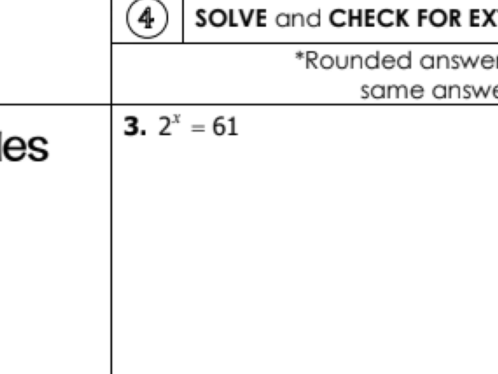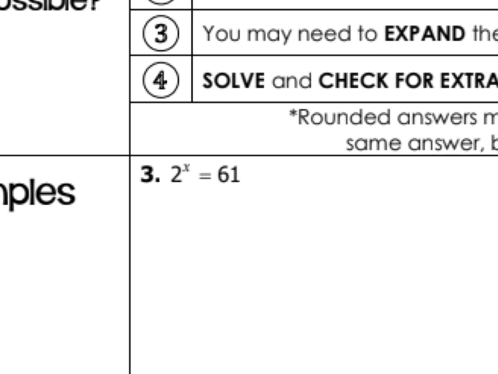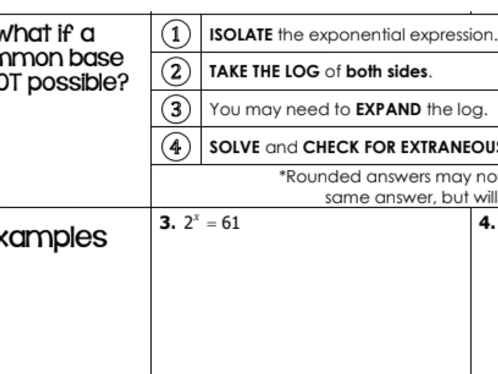We take the inverse, and the inverse of an exponential is a logarithm. Thank you, Romeo. So you want to get the exponential on a side by itself and then just take the log, and solve it.